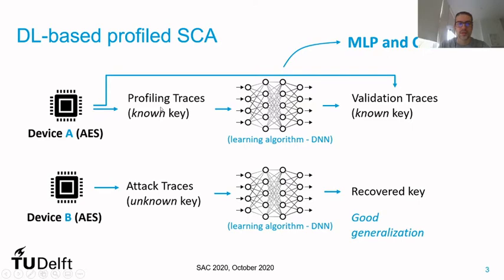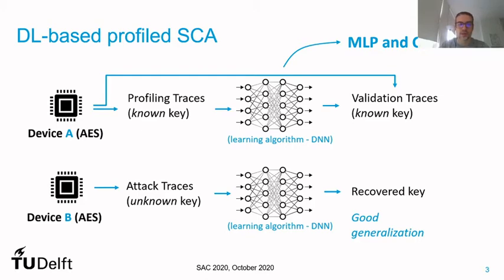In the second phase of the profiled attack, called the test phase or exploitation phase, we have a device B that is identical to device A. We also collect a set of traces, in this case called attack traces, where the key is either unknown if this is an attack from an attacker perspective, or known if it's from an evaluator perspective.